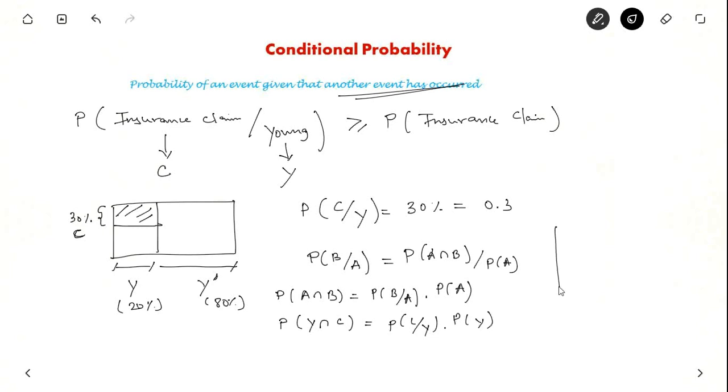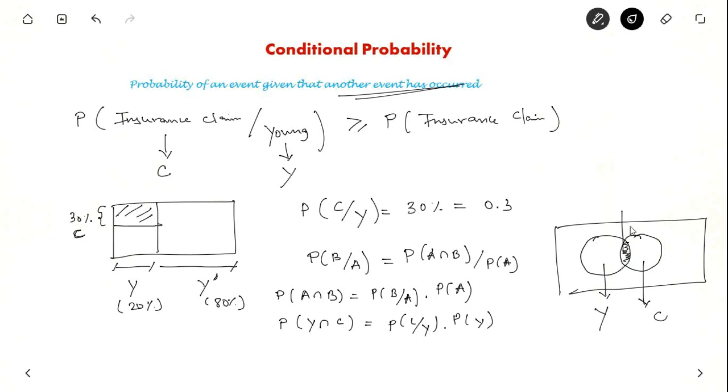Suppose this is the population set, and this represents young drivers and this represents all the claims. We want to find out this area, that is, if you take out a person, what is the probability that he is a young driver and he also claimed for insurance.